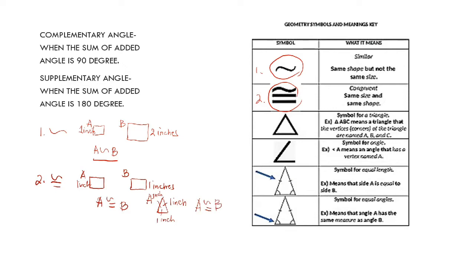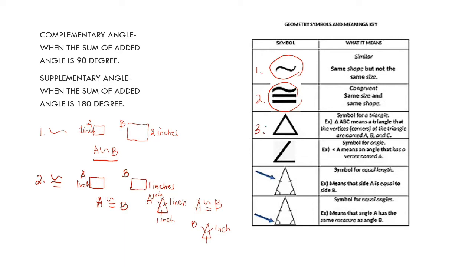Then you are going to draw the same figure and same measurement as A. So yung B natin, triangle, and the measurement is also 1 inch. Therefore, we can say that A is congruent to B. Okay po? Next is number 3.